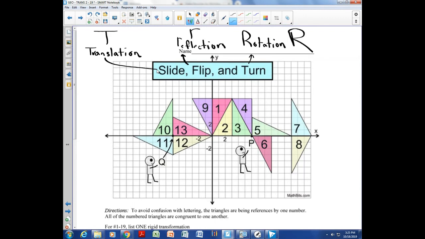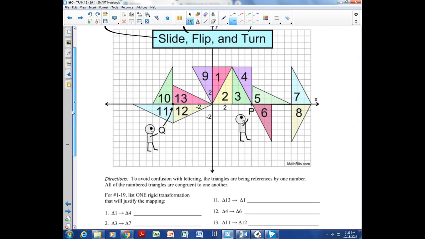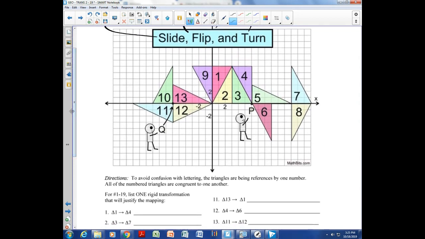So I'm just going to do 3 of these. We did the first 10 in class. So let's look at number 11. Which transformation would move triangle 13 onto triangle 1?